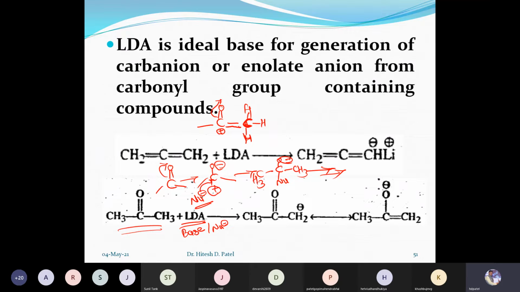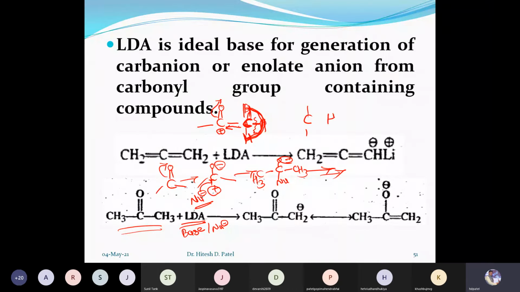So these bond electrons are slightly towards this electropositive carbon. Then we can observe the hyperconjugation effect on this hydrogen. Due to the hyperconjugation effect, this bond becomes more labile. When this bond becomes more labile, then what happens?